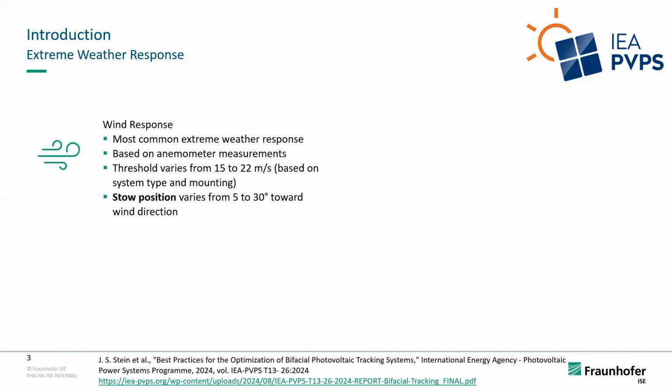So when it comes to weather response, the majority of producers and tracker providers implement this response. However, we noticed through the survey presented in our report a lot of variability, both in the range of the threshold considered, which can vary between 15 to 22 meters per second, which depends on the system type, on the mounting structure, but also on the height at which the wind is measured.